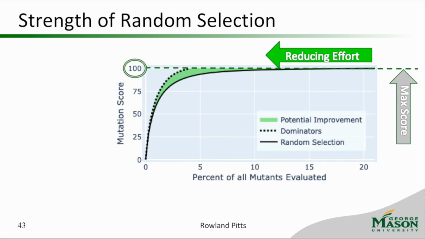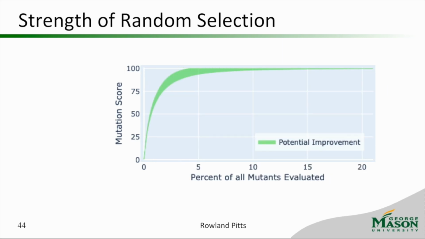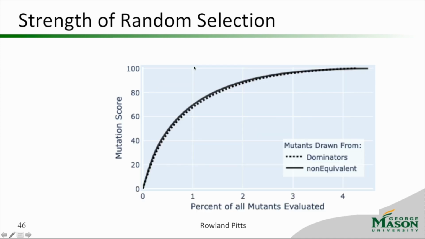It turns out that we have enough data to run those sorts of simulations. And random sampling from non-equivalent mutants, in other words the killable ones only, performs almost exactly as dominator mutants do. We can zoom in a little bit and see a little disparity. In fact, the non-equivalent ones tend to marginally outperform the dominators most of the way through.